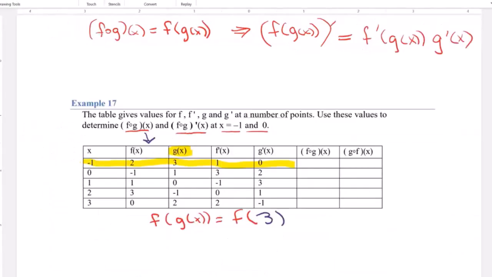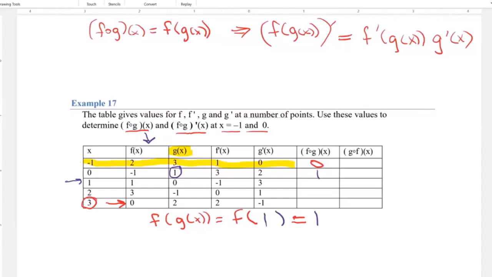I now say when x is 3, f of x is 0. So this equals 0. So f of g equals 0. Then let's just erase this and this. And I can say when g of x equals 1, plug in 1. I go to my x at 1. f of x at 1 is equal to 1. So I plug that in.